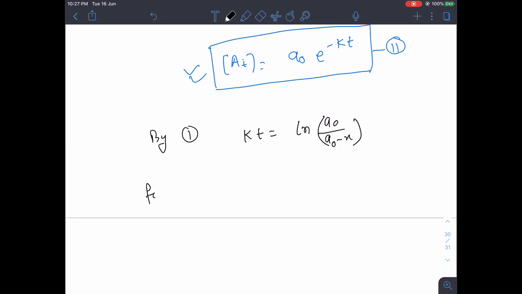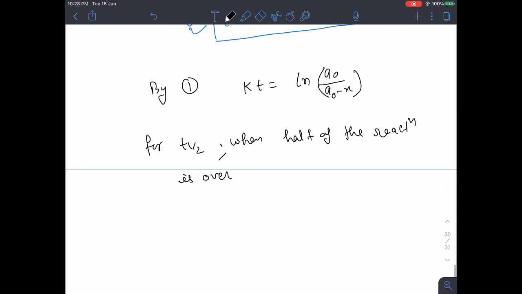Now for half life, what is t half? T half is the time when half of the reaction is over, or in another word, I can say the time when alpha becomes 1 by 2.